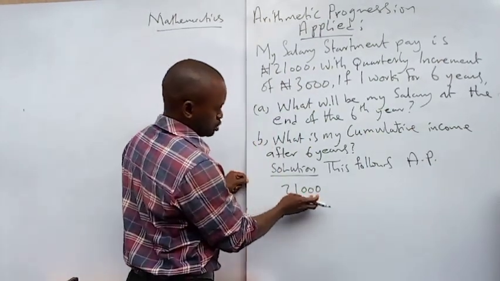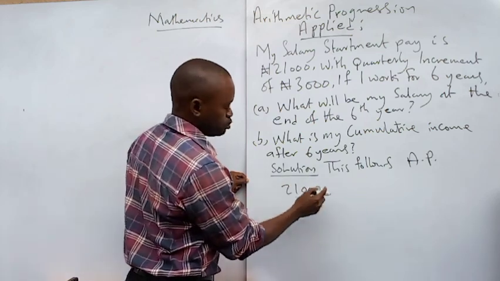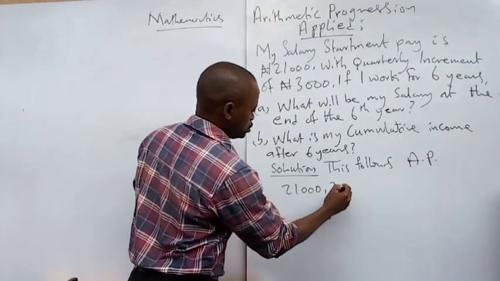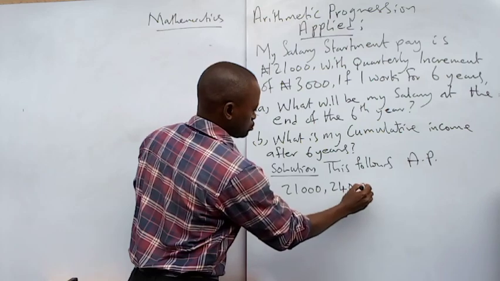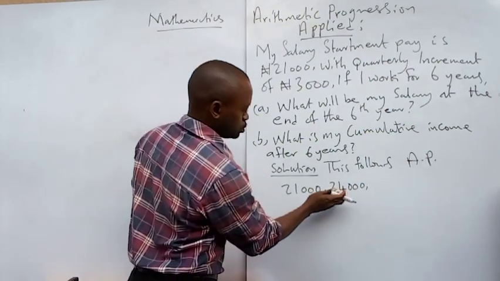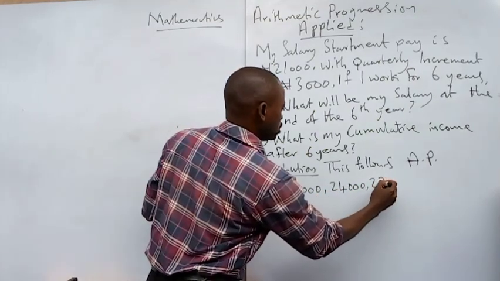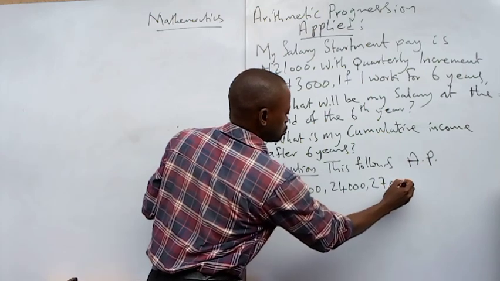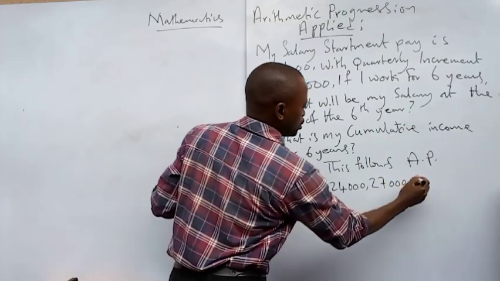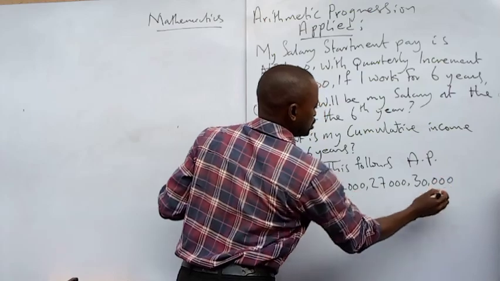So the next term will be 21,000 plus 3,000, which gives 24,000. After another 3 months, another 3,000 will be added: 24,000 plus 3,000 gives 27,000. After another 3 months, another 3,000 will be added again. That will be 30,000. That is what this person is receiving as take home pay.